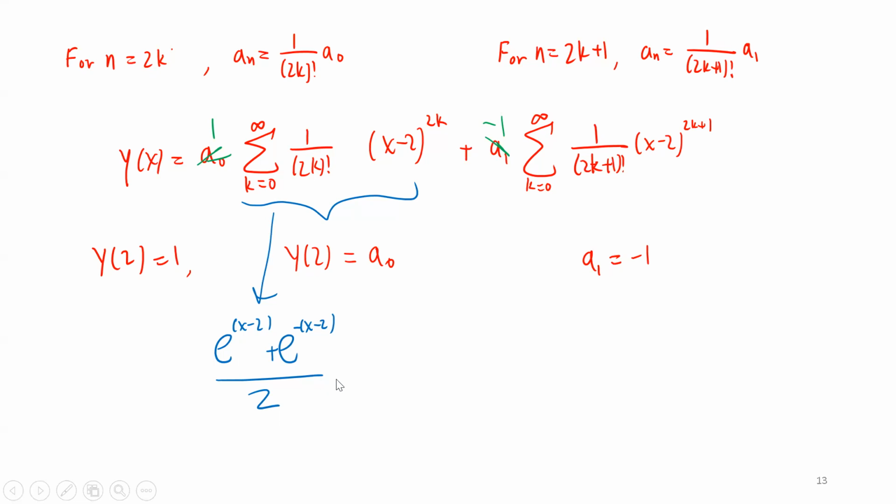And this function actually has a name: it's called a hyperbolic cosine. And the other one is by itself not just e to the minus x, but it's actually this one.